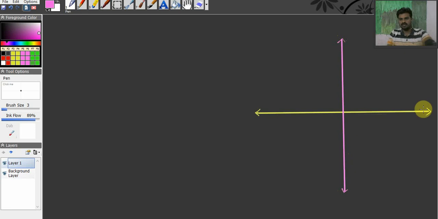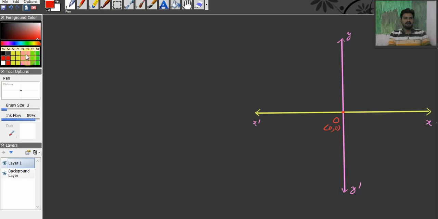This is the y-axis. The axes are named x, x dash, y, y dash. They intersect at one point. Already we know that that point is called the origin. The coordinates of the origin are 0, 0.